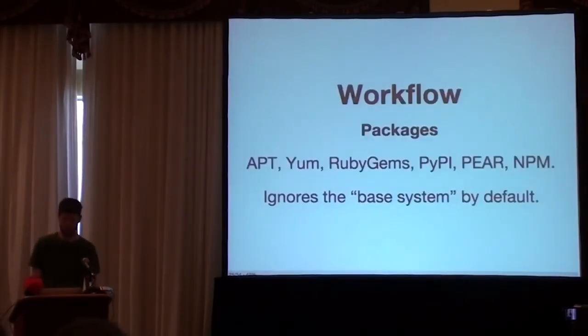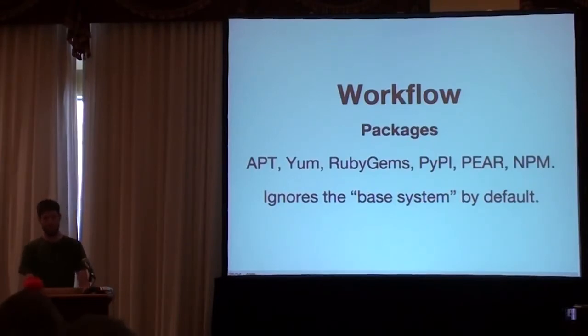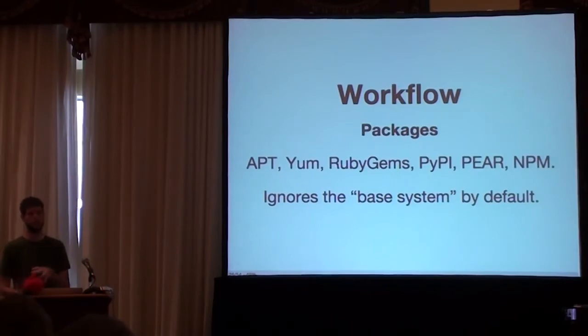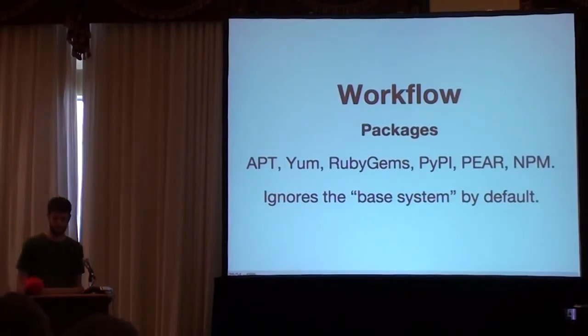So the first thing it looks at are packages in a whole bunch of different package managers. The system package managers like apt and yum will, in addition to grabbing the full list of all the packages installed and their version numbers, take a hard look at those systems and figure out a representation of the base system, the packages that can be ignored because without them you don't even have a functioning Linux server.